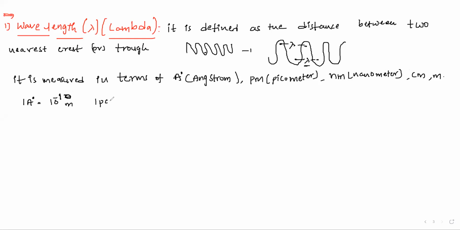And 1 picometer equal to 10 to the power of minus 12 meters. 1 nanometer equal to 10 to the power of minus 9 meters. 1 centimeter equal to 10 to the power of minus 2 meters.